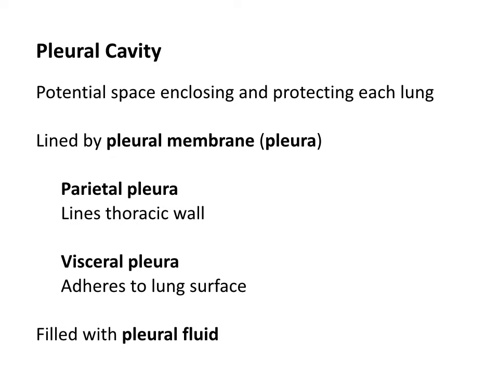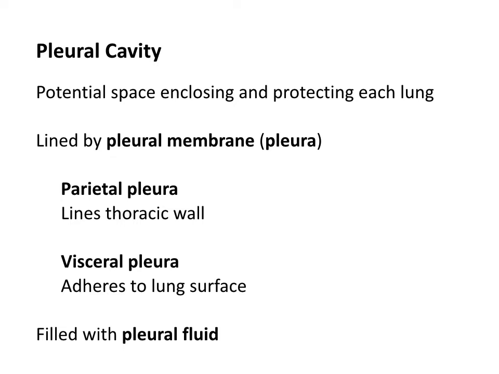Now, between the parietal and visceral pleura, this is where you actually have the cavity. And within the cavity, you do have a very thin layer of fluid called pleural fluid. Now, this fluid is going to help to reduce friction while you breathe.